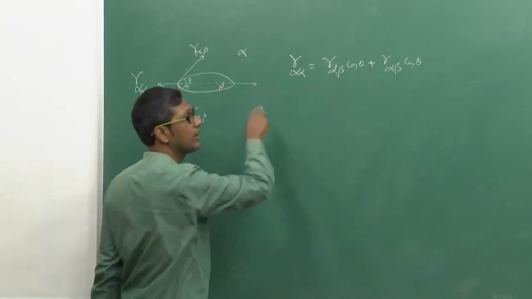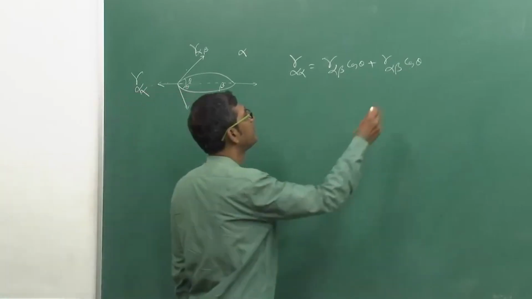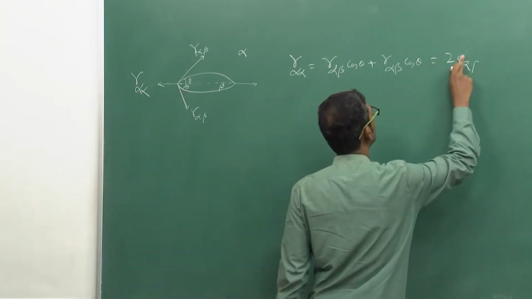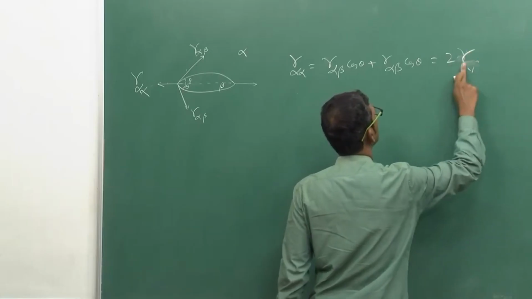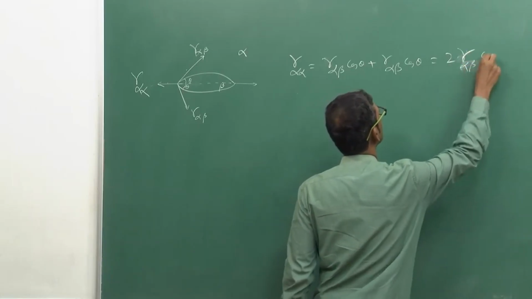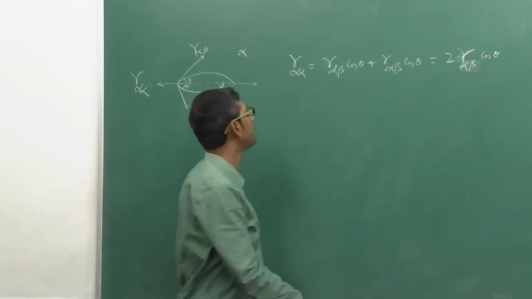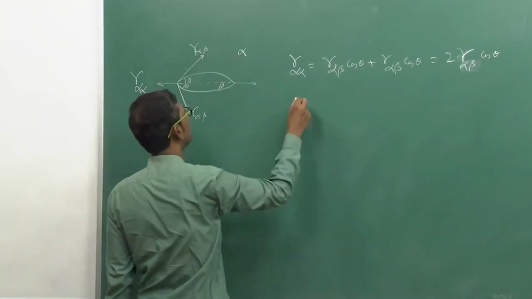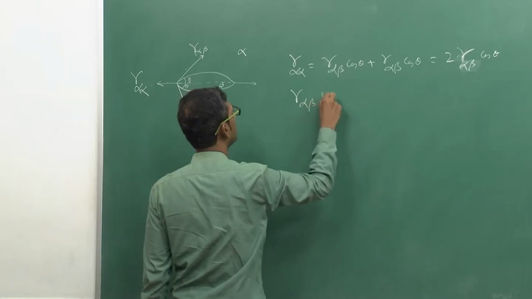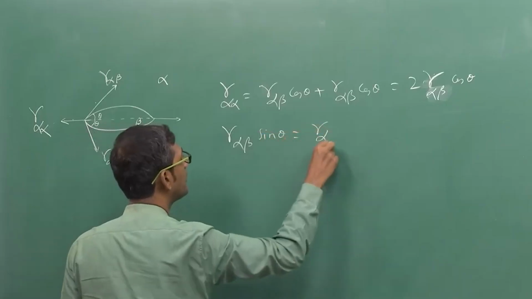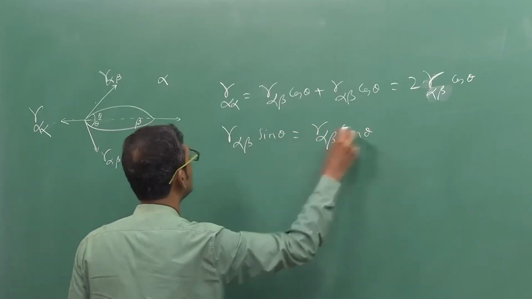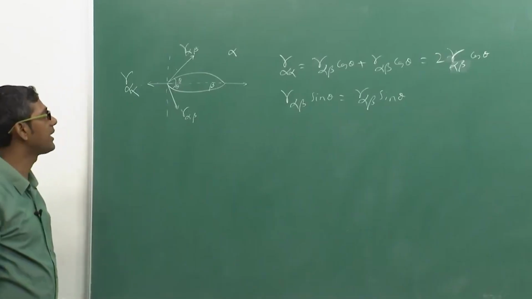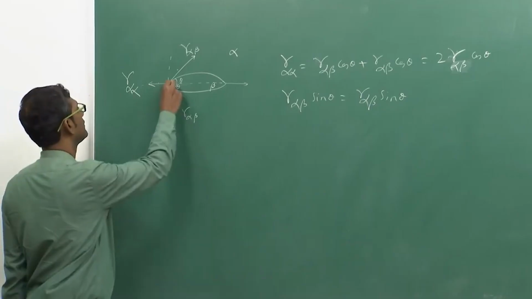If I consider only the parallel components, that means this is equal to twice gamma alpha beta cos theta. If I consider perpendicular components, it is very simple. The perpendicular components will all be equal: gamma alpha beta sin theta, gamma alpha beta sin theta. You can do it yourself, you can actually draw that. These energy balances must be happening at this point.